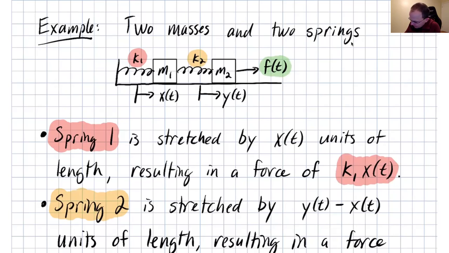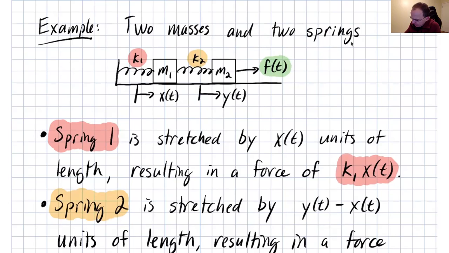And we'll let x of t represent the displacement of the first mass from its equilibrium position. And we'll let y of t represent the displacement of the second mass from its equilibrium position.